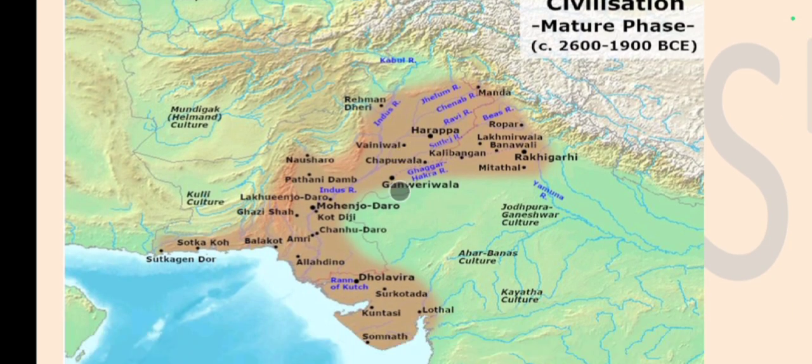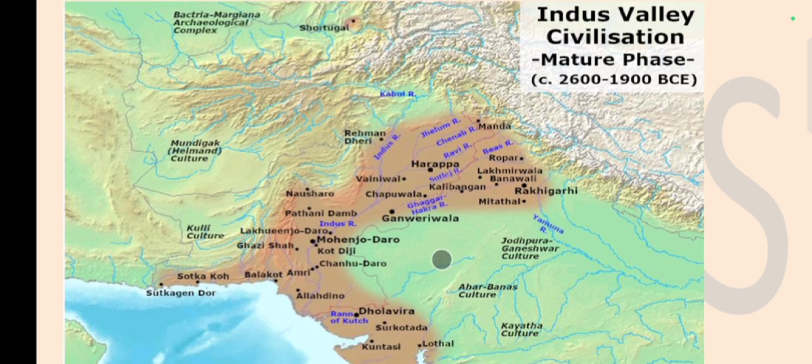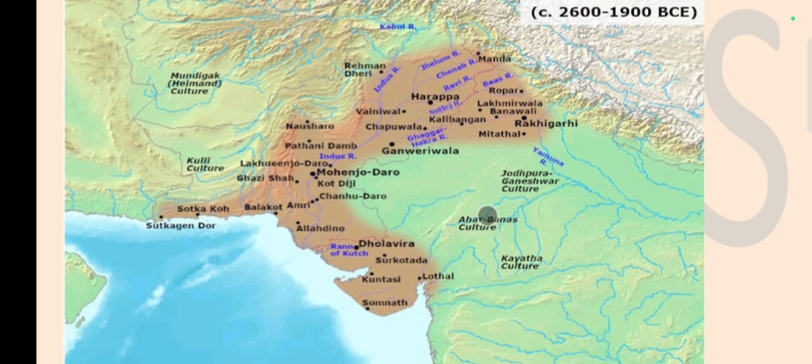Next, whatever red color I'm showing here, it is the Indus Valley civilization later phase. Sorry, not later phase, it is the mature phase. See how largely it is distributed. Harappa, Mohenjo-daro, you can see that.